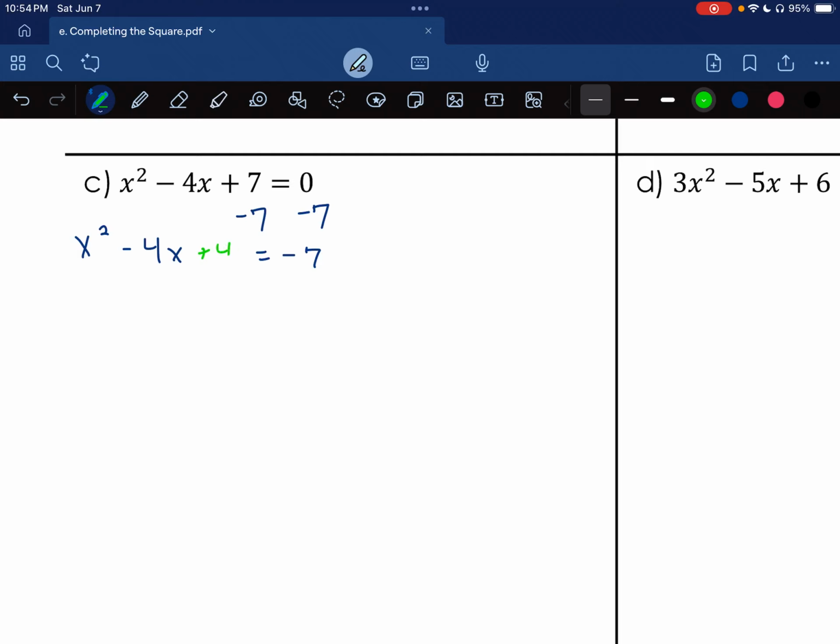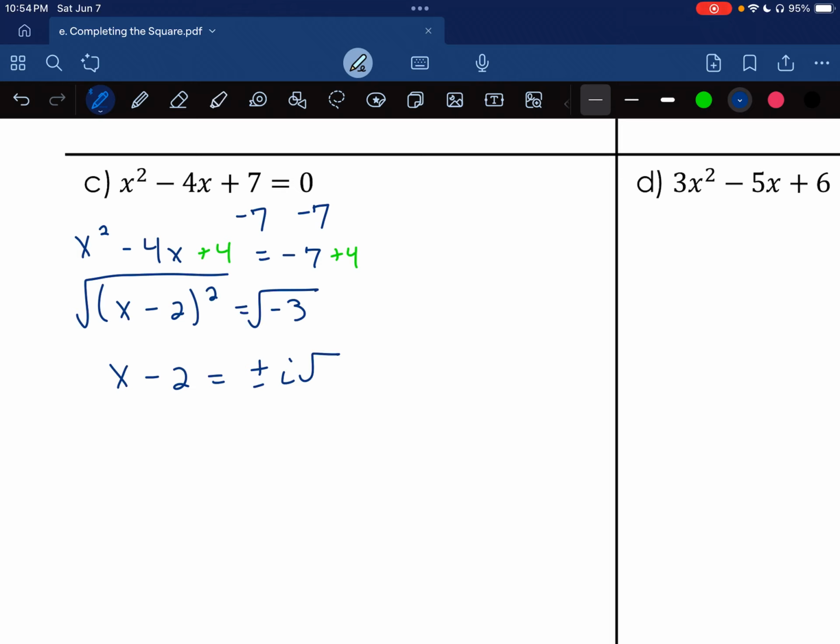This is going to factor perfectly as x minus 2 quantity squared is equal to negative 3. We're going to square root both sides and say x minus 2 is equal to plus or minus i radical 3. And we'll add 2 to both sides. We'll get x is 2 plus or minus i radical 3.